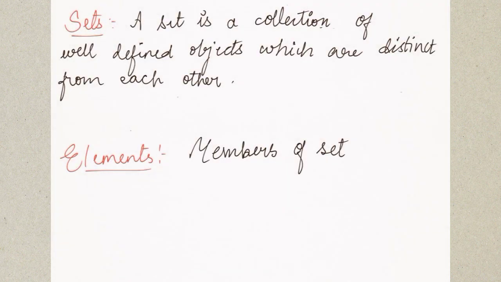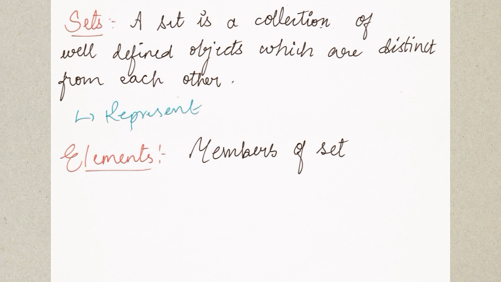So let's start. First we will see the definition of sets. A set is a collection of well defined objects which are distinct from each other. That's it, a simple definition. A collection of some objects which are well defined and different from each other. Now generally sets are represented with capital letters.